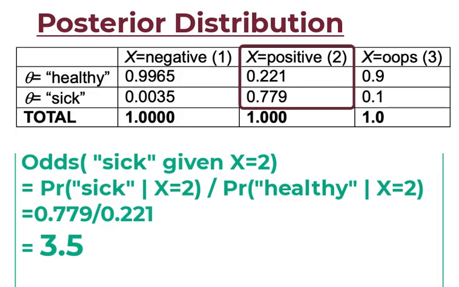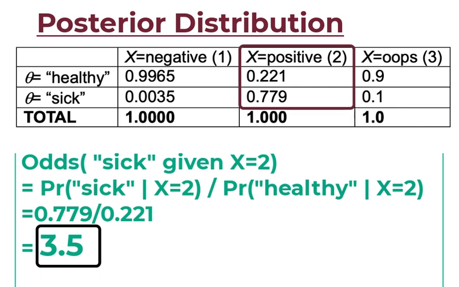That person who got a positive test result had a probability of being sick of 0.779, and that translates into an odds of 0.779 divided by 0.221, and that is equal to 3.5.